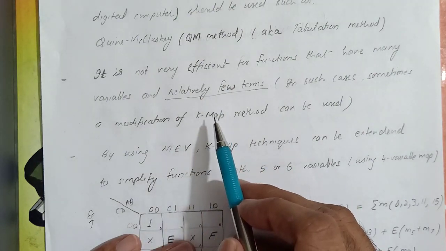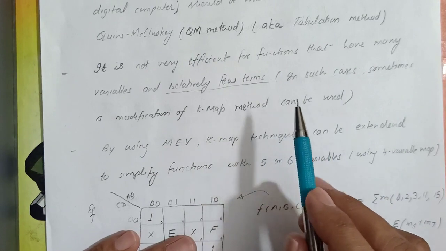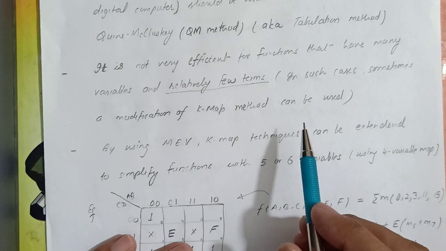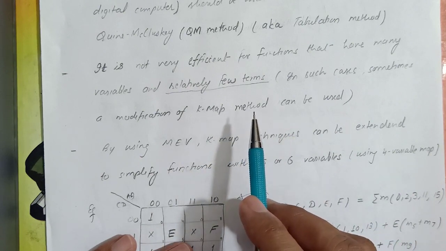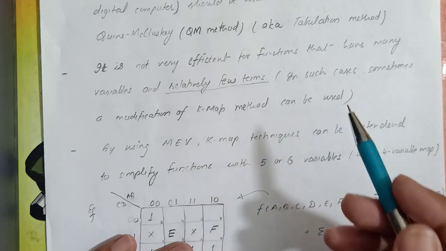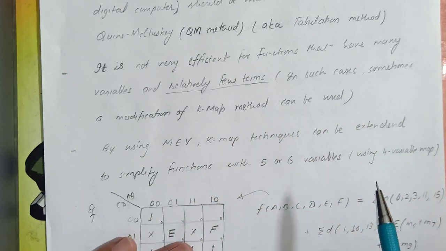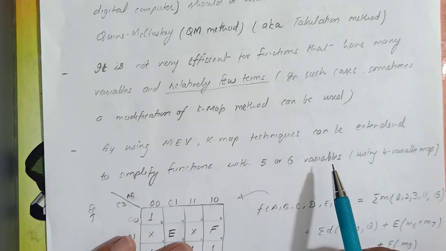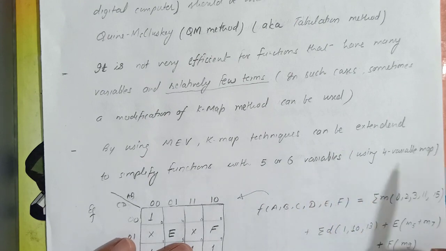So in that case, what we can do is use a modification of the K-map method. Okay, so we can modify the K-map method so that we can solve a 5 or 6 variable switching function with the usage of a 4 variable map.